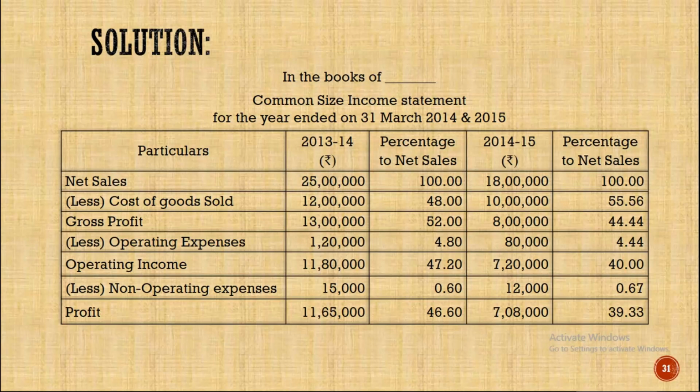Again, you can see here, though the amount of net sales has changed from 25 to 18, the base remains the same. That means again we are considering that 18 lakh as 100. We are taking it as the base for the next calculation.